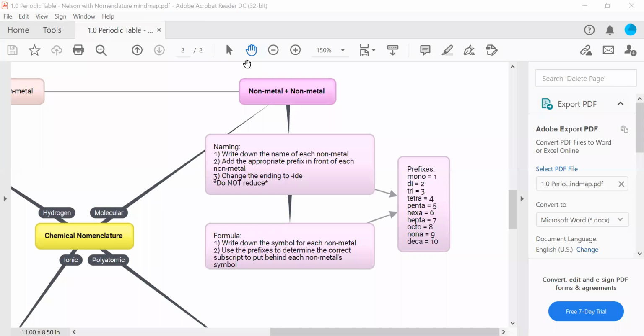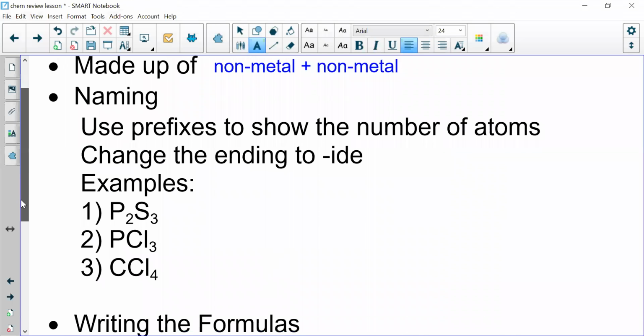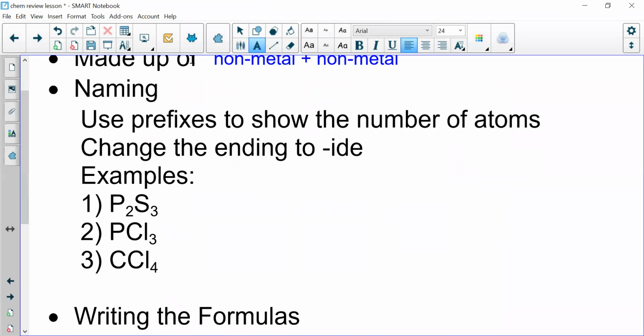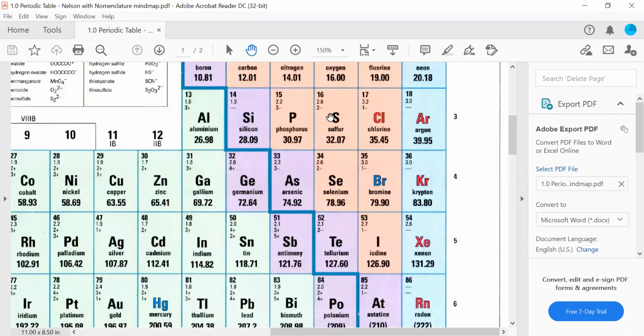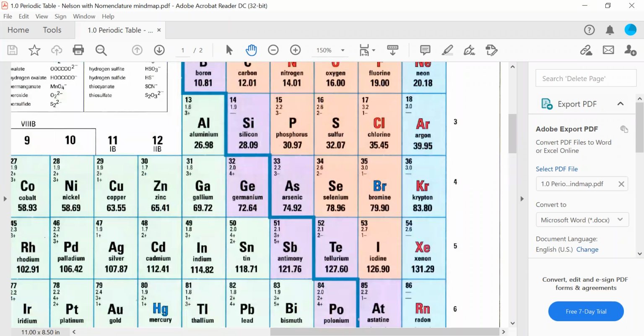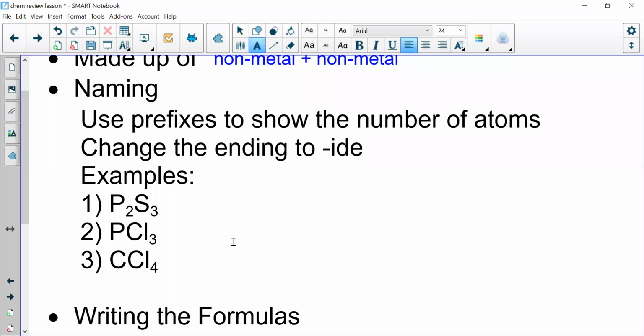So what would be P2S3? First of all, these are both non-metals if you look on your periodic table. You do have to be able to identify this. If you look at your periodic table, P and S are both over here in my coral colored section in the non-metal group. Okay, so be able to find them and identify this is molecular.